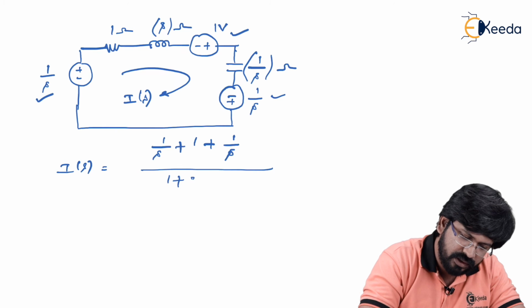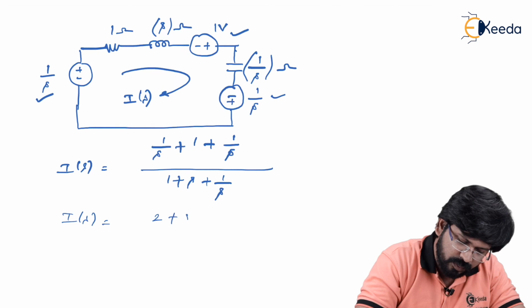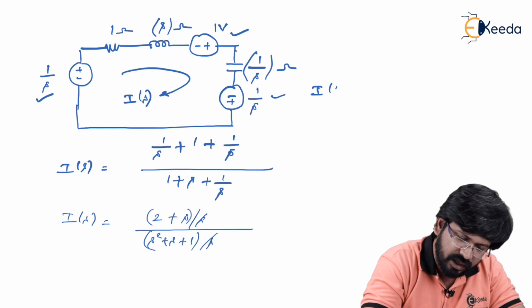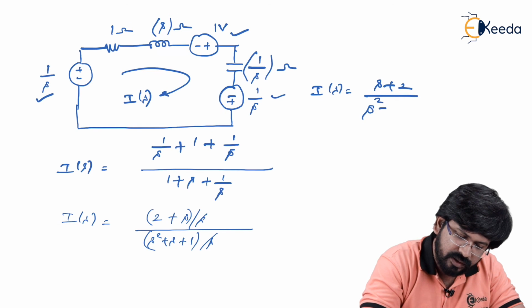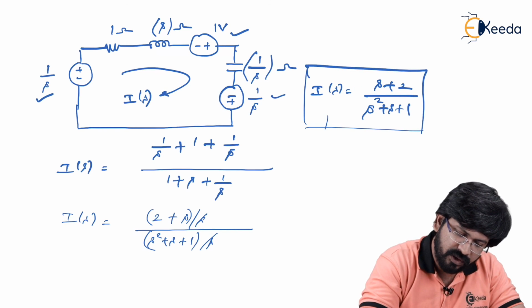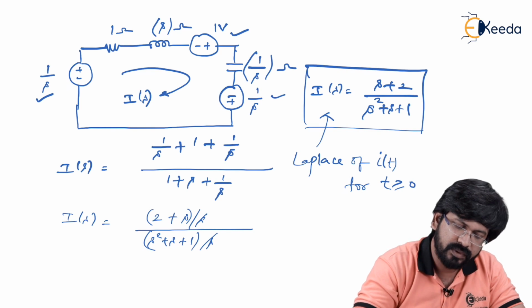So it is 1 plus S plus 1 by S. So I of S becomes 2 plus S whole divided by S, and then it is S square plus S plus 1 whole divided by S. This S will get cancelled, and you will get I of S as S plus 2 upon S square plus S plus 1, and this becomes your I of S, that is Laplace of I of t for t greater than or equal to 0.